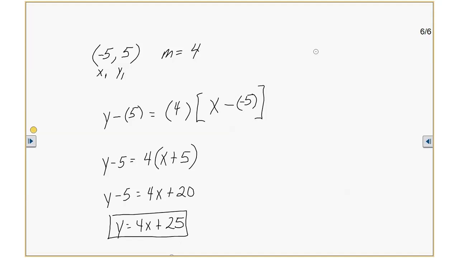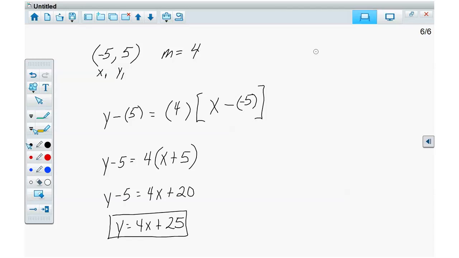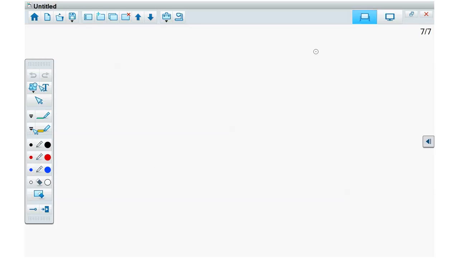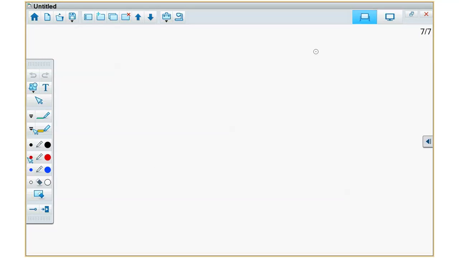Now, there are 2 other things I want to show you, and these are just rules. When X is equal to a number, it's parallel with the y-axis.